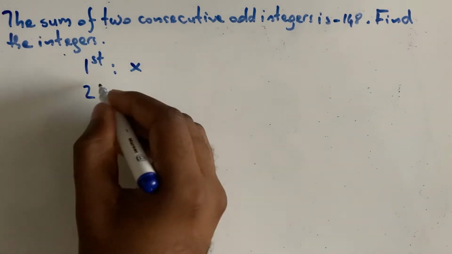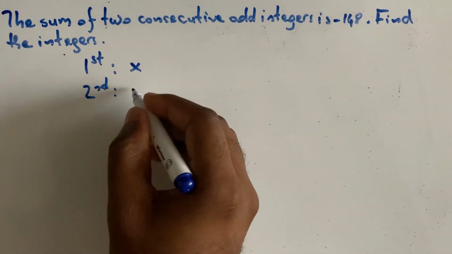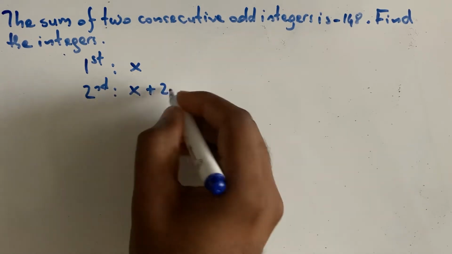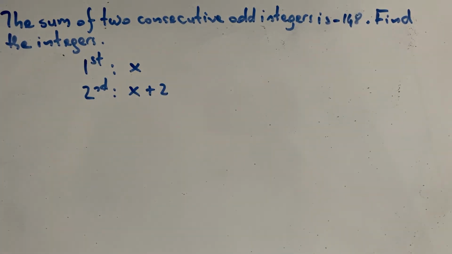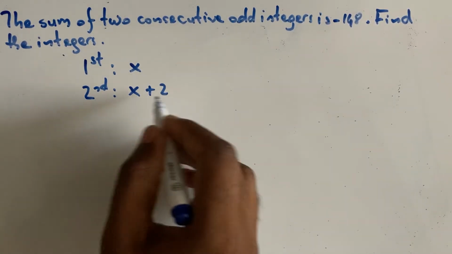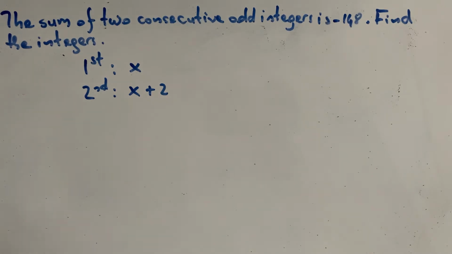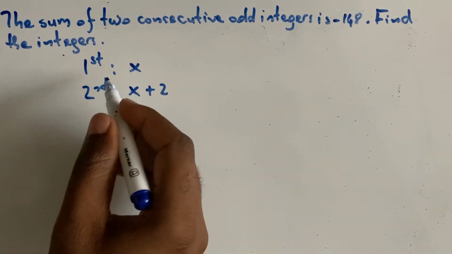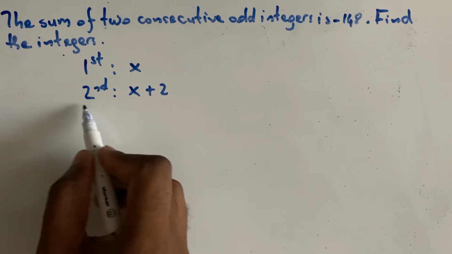Therefore, the second one, to get it, you're gonna have to add 2 to x. That's what we just proved. We just showed that to get the next odd integer, you have to add 2 to it. If I needed the third one, I would have to add 2 to this. Keep adding 2s. Since we only needed 2, I stop here.